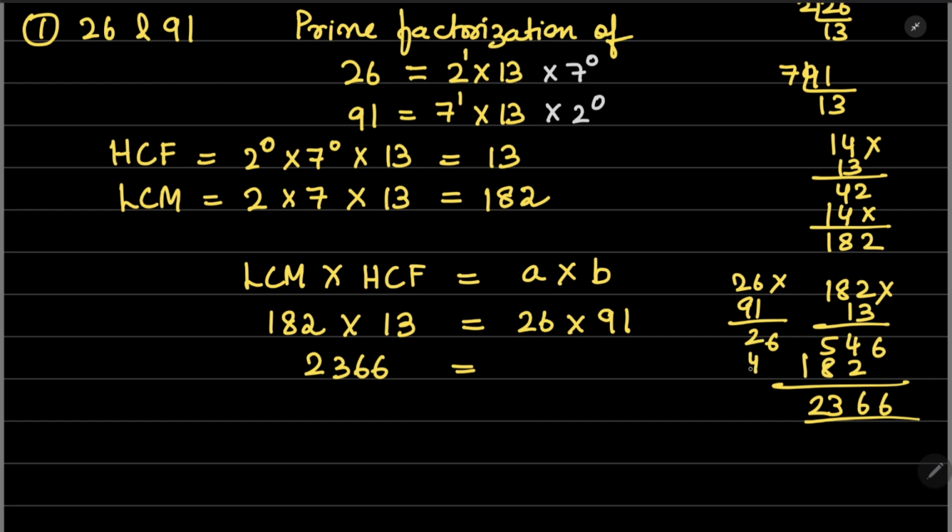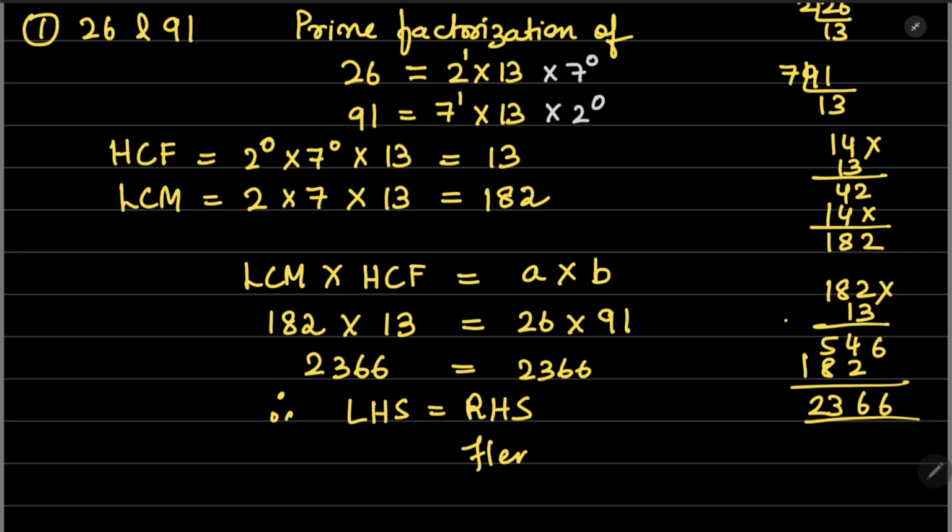Again, when I multiply, I get 2366. So this is what I get when I multiply, right? So you should also multiply and you can write, therefore LHS is equal to RHS. Hence verified.